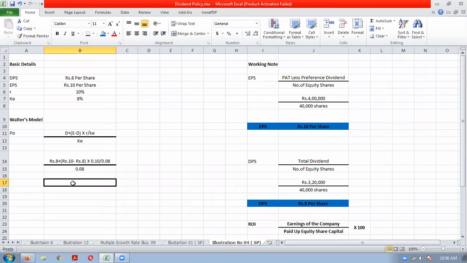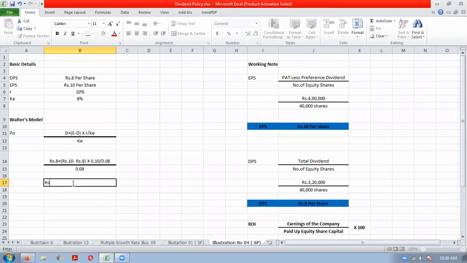First solve the bracket, no? 10 minus 8, into 0.10 divided by 0.08, plus 8 divided by 0.08.